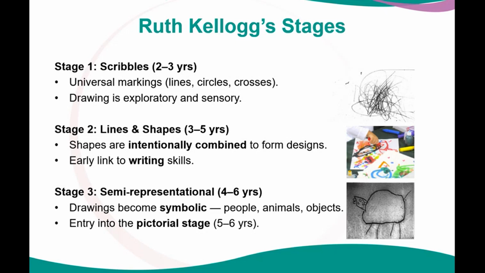And then 5 to 6 is the pictorial stage. So remember, the semi-representational is 4 to 5, and the pictorial stage is 5 to 6. There's just a typo there.